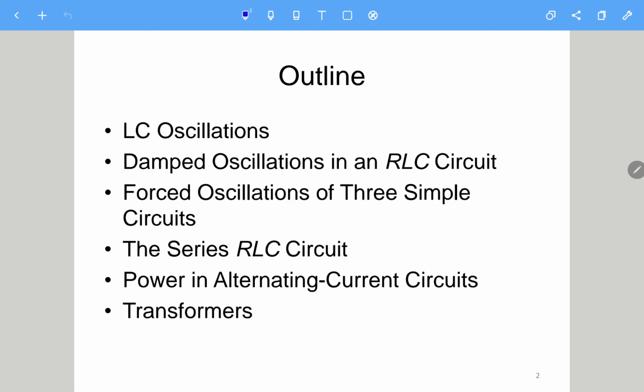So we will have a brief comparison between them, and then we'll talk about the forced oscillation of the three simple circuits, including the resistor, capacitor, and inductor. This part is already related to the phasor, and it will relate to the Fourier series.